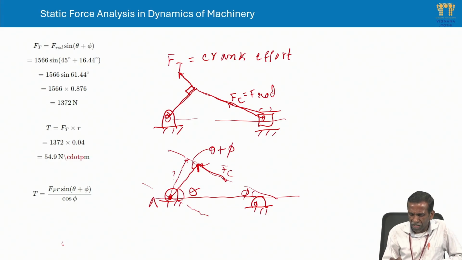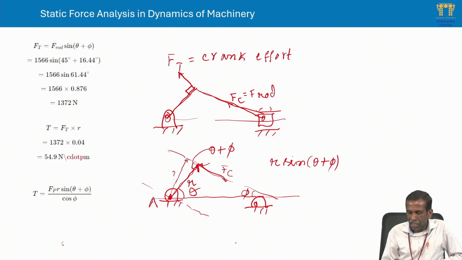So now I want the perpendicular distance. Using the crank length r, it is r sin(theta plus pi). That is the perpendicular distance between the load Fc and the line of action drawn at A, the perpendicular distance between these two parallel lines.